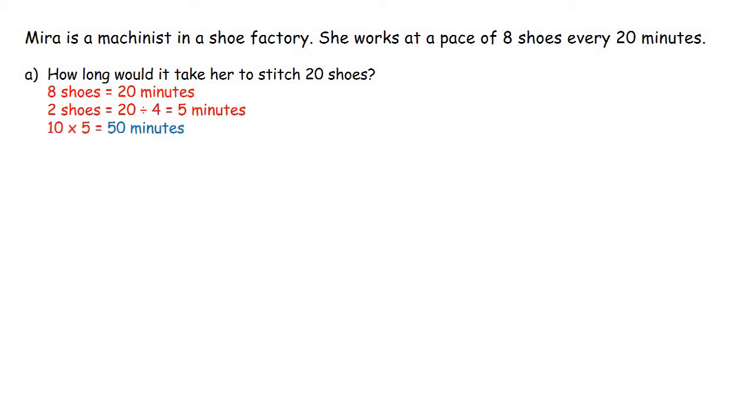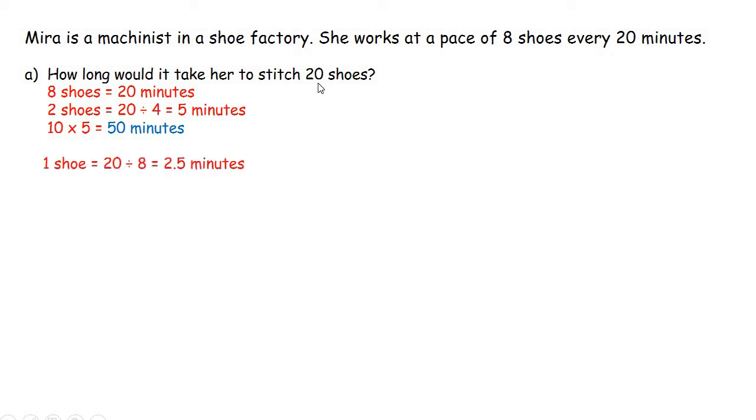And then we can multiply by 10 to work out how long it would take her to stitch 20 shoes. So I started with a common factor of 20 and 8. 2 goes into both 8 and 20. So I worked out the time taken for 2 shoes and then multiplied by 10 to work out for 20 shoes.